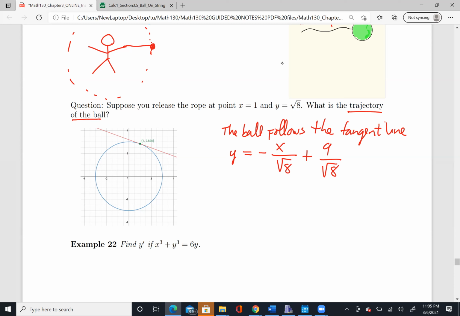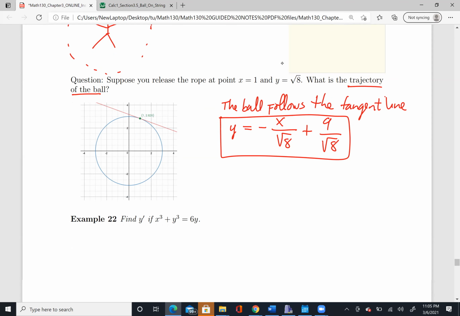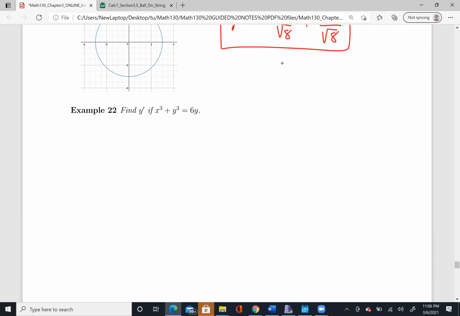So I mean, you can say the ball follows a tangent line at that spot. It just tries to go along that tangent line, and yeah, this should be the answer of this question. Okay. All right. So let's move to example 22.